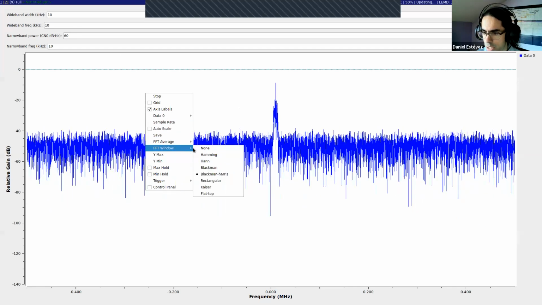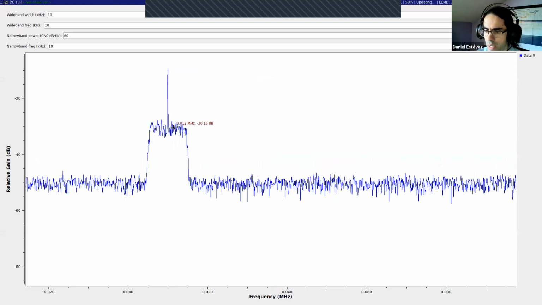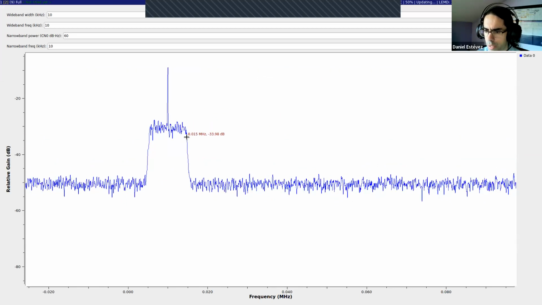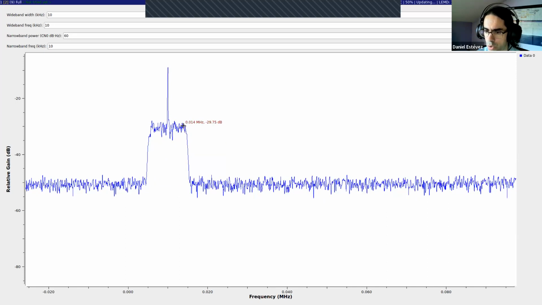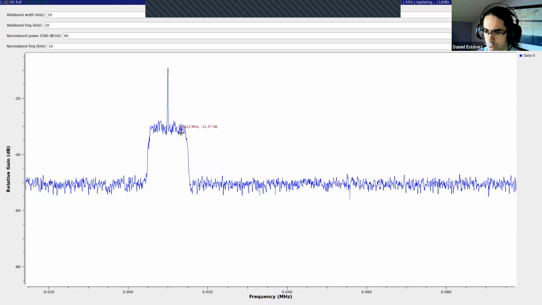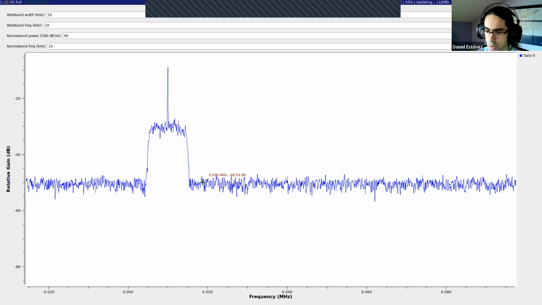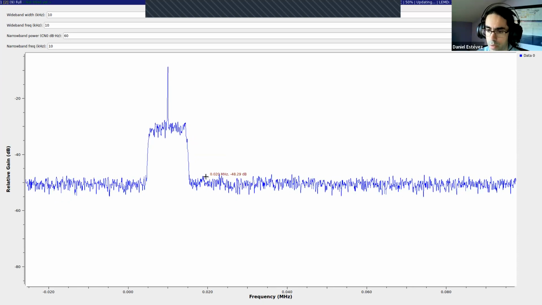Because since noise is spread over a large bandwidth, maybe it's not so convenient to measure all the noise power in this 100 kilohertz bandwidth. Maybe it's more convenient to measure the noise power in any bandwidth, for example, 1 hertz bandwidth, and compare it with the noise floor power in the same bandwidth.